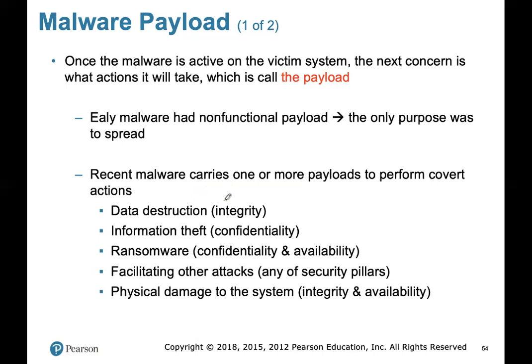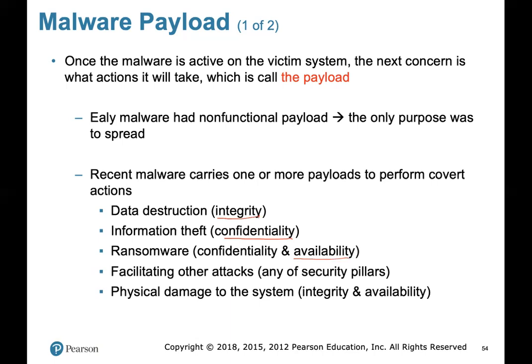We talked about integrity as one of them, and then confidentiality and availability. Of course, we had two more pillars that were later added to these, but these three are somehow the major target or goal of most malwares when the payload gets executed.